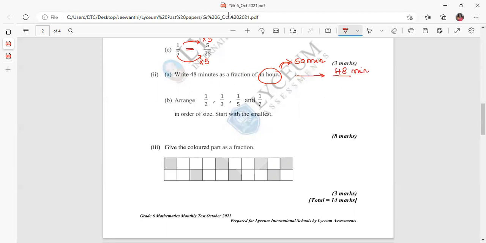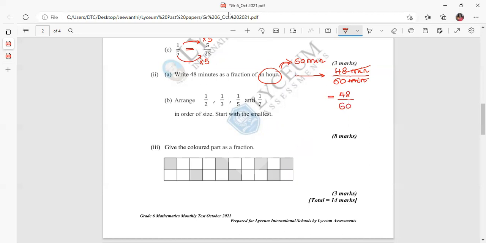Out of 60 minutes, now they are talking about 48 minutes. So this is how you write it as a fraction, but you have the same unit, therefore you can cancel it. So then you write 48 over 60, right?